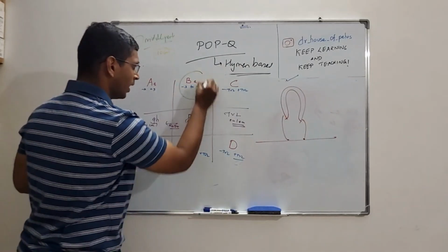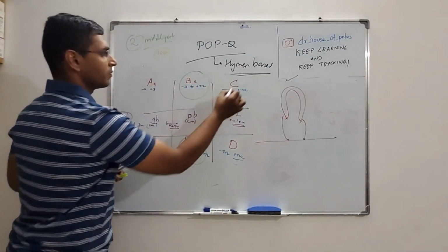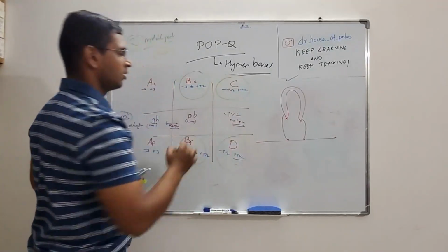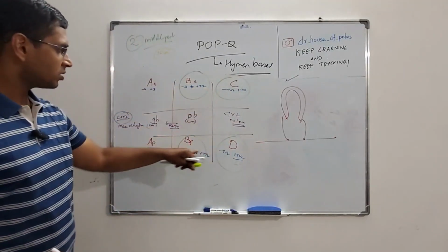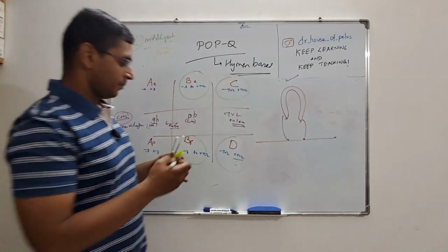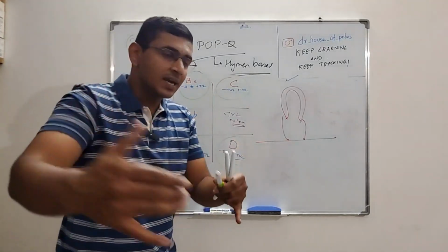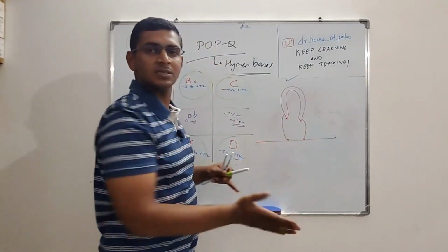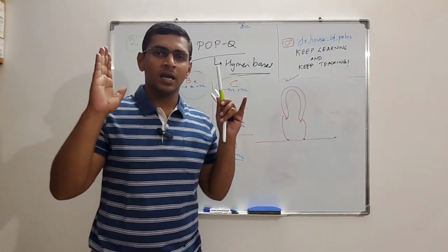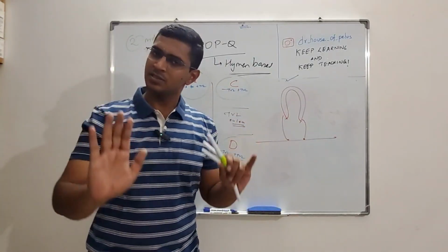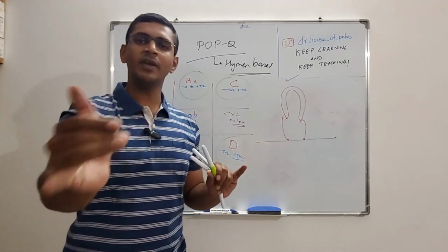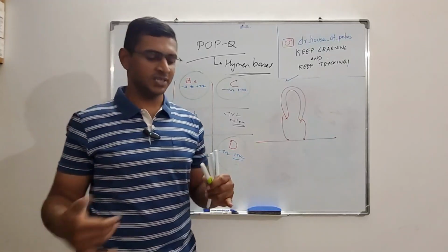Most dependent: 1, 2, 3 and 4. How much distant the most dependent point is from the hymenal axis determines what is their stage of prolapse. Simple as that. And then we give nomenclature according to the staging.